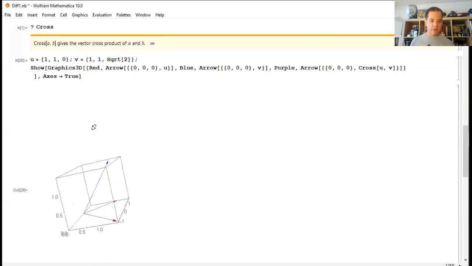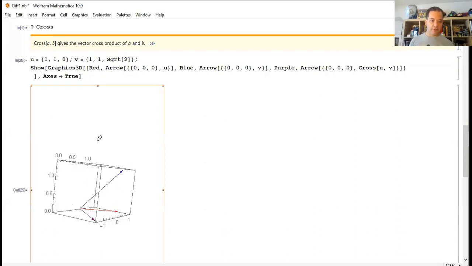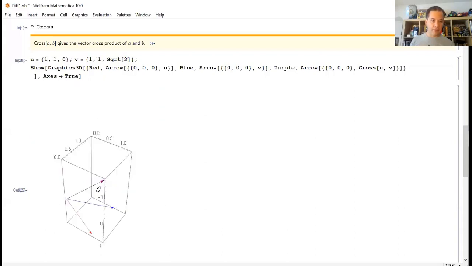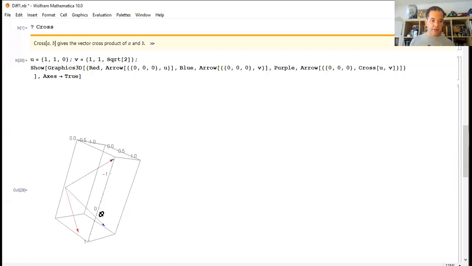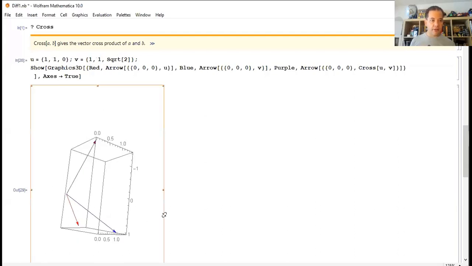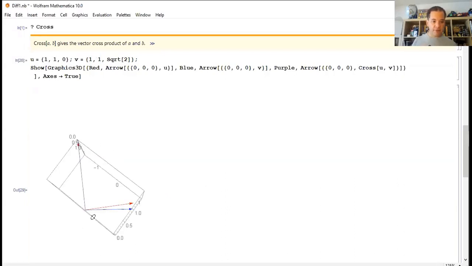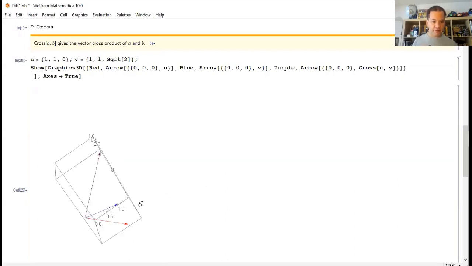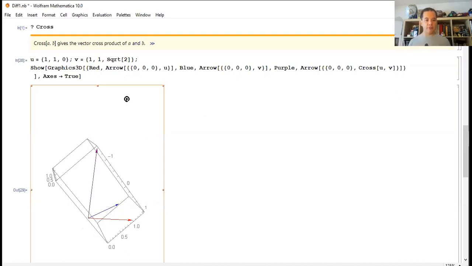I should rotate it so that we have it more or less right. The red one is (1, 1, 0). The blue one is (1, 1, square root of 2). And then the purple one is the one we want to find out, right? We want to find out in which direction it points and how big it is.